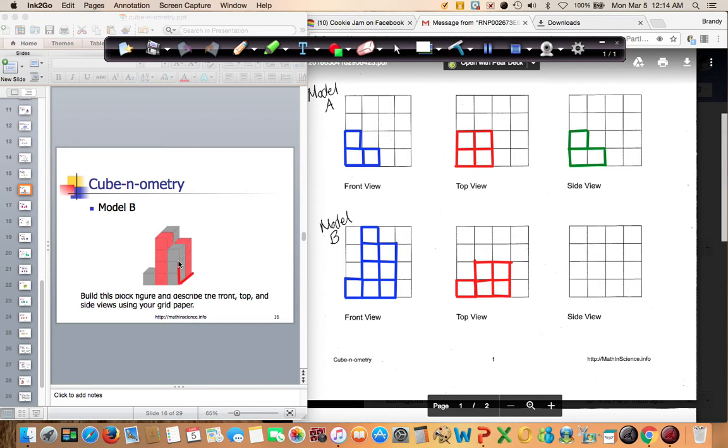So I would have actually 4 blocks on both sides going all the way up. Does that make sense? So I would have 4 blocks here, and they would be cut here and there. That would be my side view looking at it. So I would come over here and you draw 4 blocks.